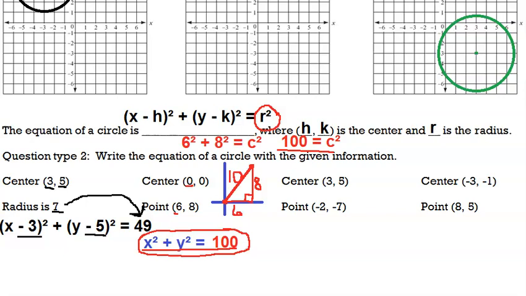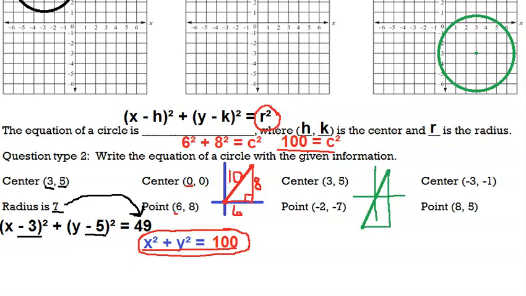Okay? Let's try that logic one more time here on the third problem. So again, you're talking about a circle that has a center of 3, 5, and then a point -2, -7. Your goal is to figure out how long the radius would be, because the radius just goes from the center to a point. Now that's going to be a pretty large radius here.